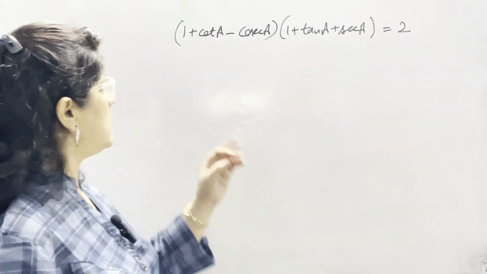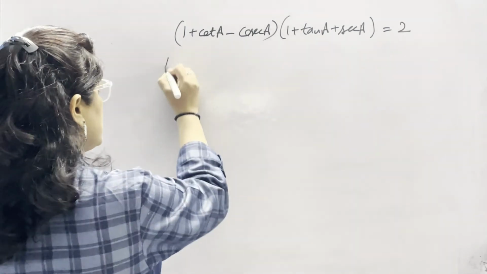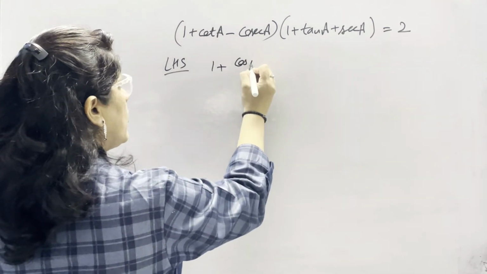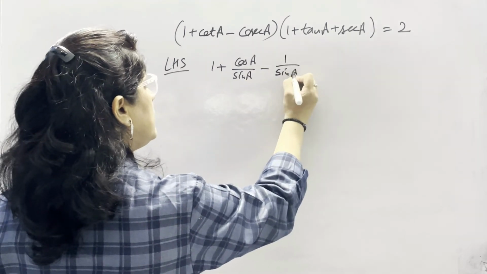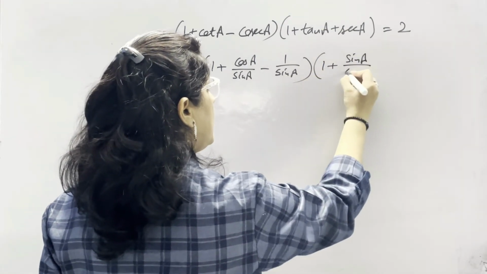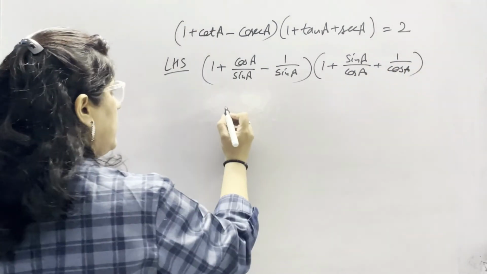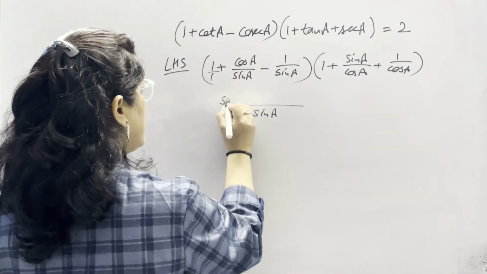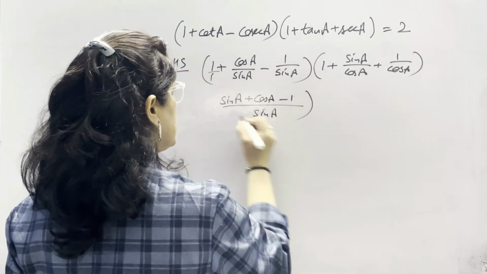Now coming to the last question: 1 plus cot A minus cosec A, 1 plus tan A plus sec A, two separate brackets. So we will take the left hand side, then 1 plus cot A. Now we know that cot A is equal to cos A upon sin A and cosec A is 1 upon sin A. And here tan A is sin A upon cos A and sec A is 1 upon cos A. Now taking the LCM, this is sin A, so here we need to multiply 1 with sin A. It means sin A plus cos A, then minus 1.